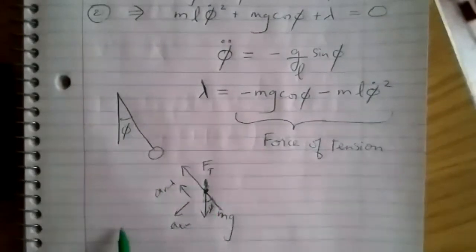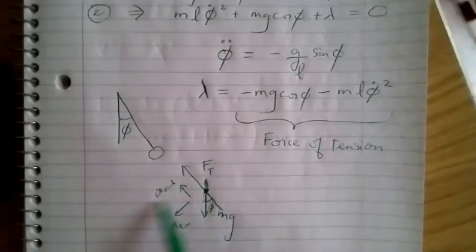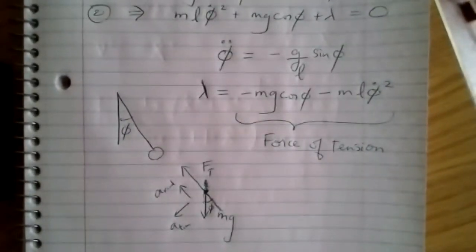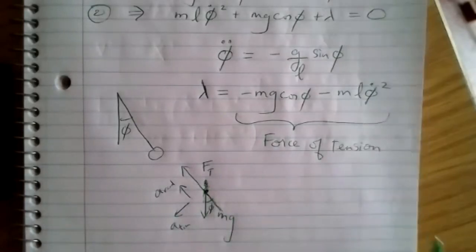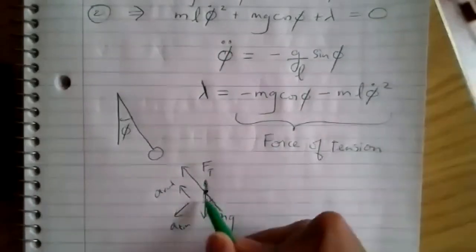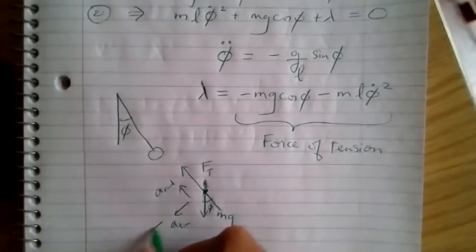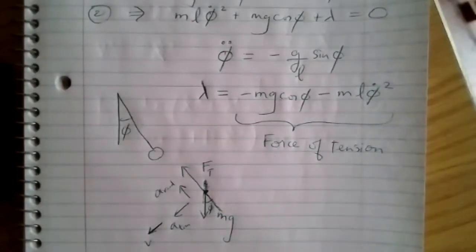But it's also following a circular arc, so its direction is changing, so it has a radial acceleration as well. So I can set up Newton's equations in these two directions. I know this is the tangential direction because that is the direction of the velocity, so the direction of the velocity is the direction of the tangential acceleration, along that line.